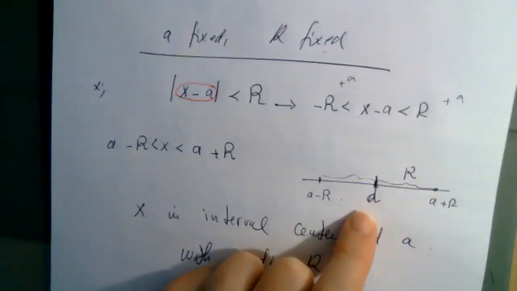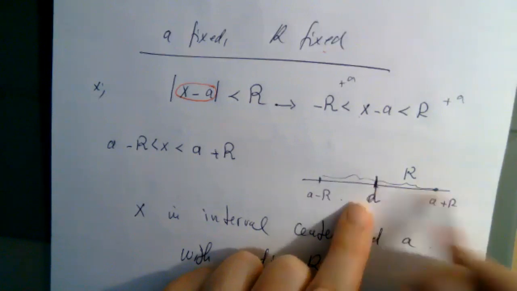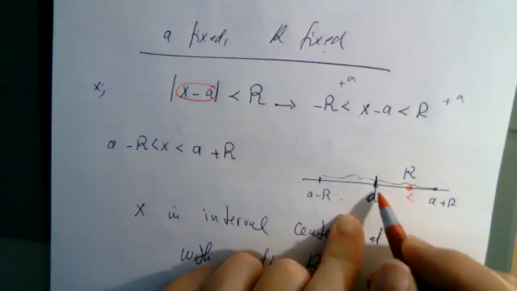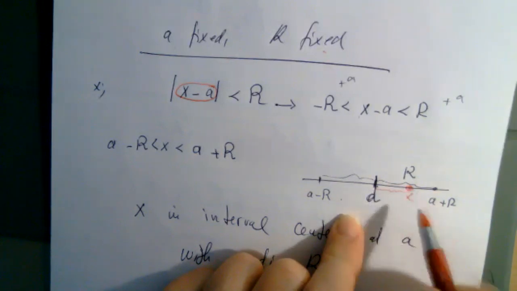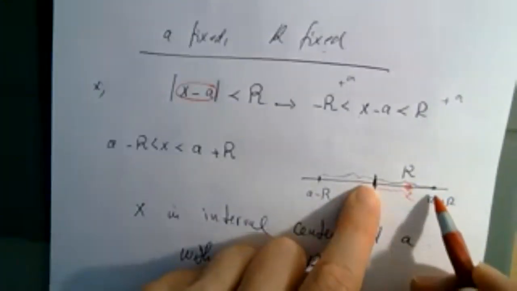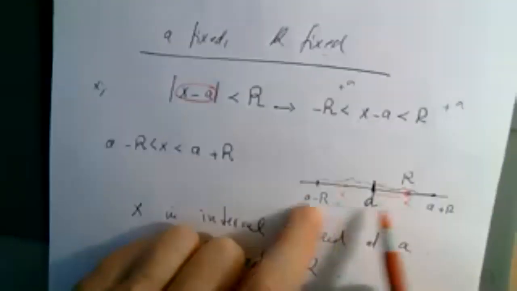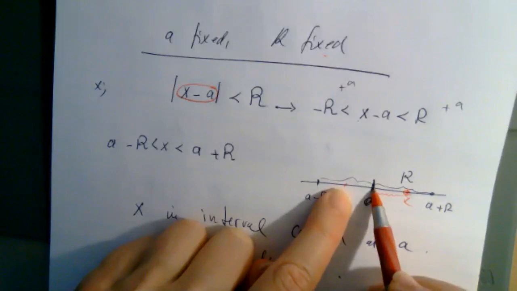And watch carefully, this really makes sense because if x is in here, suppose I take any number here, x minus a is definitely less than r. If x is here, x minus a is going to be that much in absolute value, which is less than r.